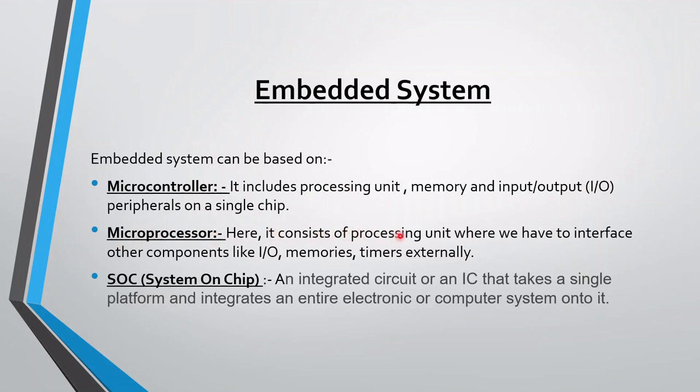Here it consists of a processing unit where we have to interface other components like input output, memories, and timers externally. All these will not be integrated on the single chip. Next is SoC, system on chip, an integrated circuit or an IC that takes a single platform and integrates an entire electronic or computer system onto it.